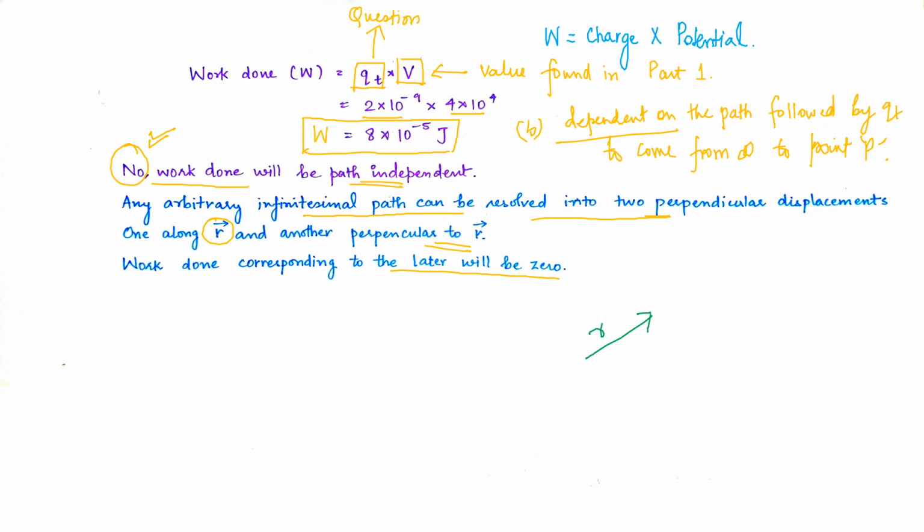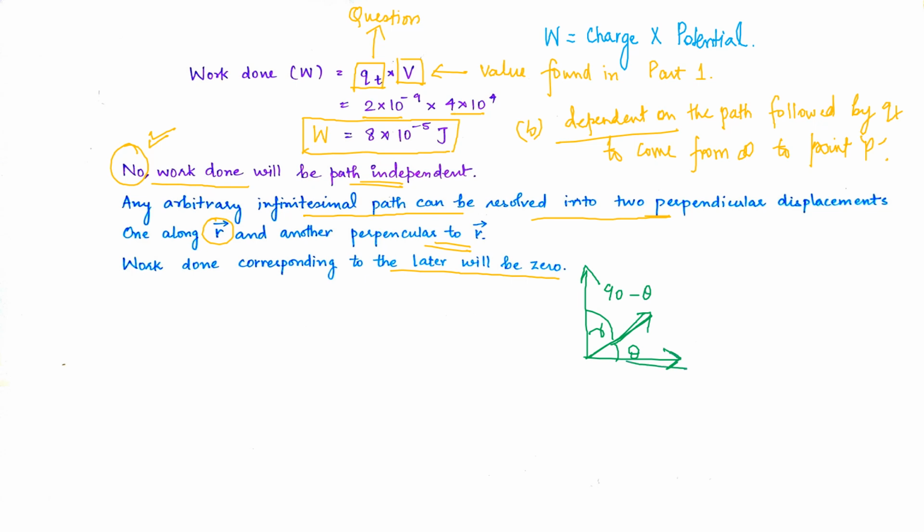Along this there is one displacement, and at 90 degrees there is another displacement. So this is our R. Along this it is making a theta angle, and around this it is making a 90 minus theta angle.